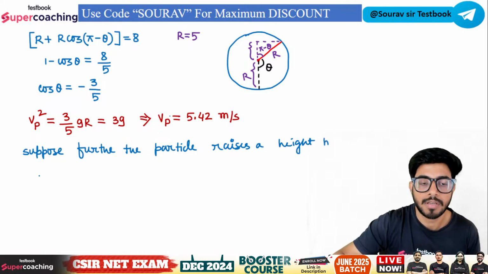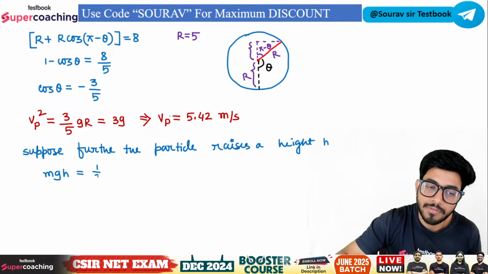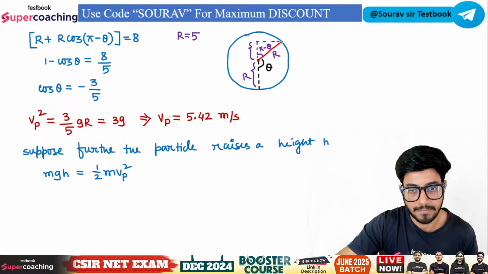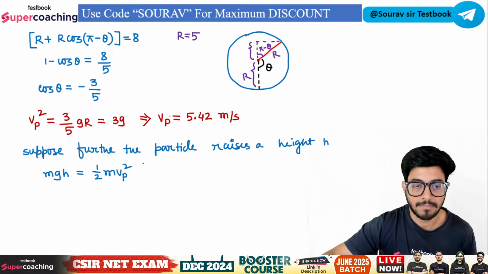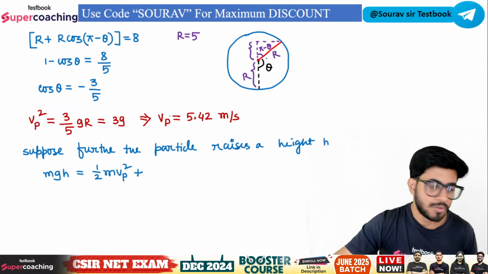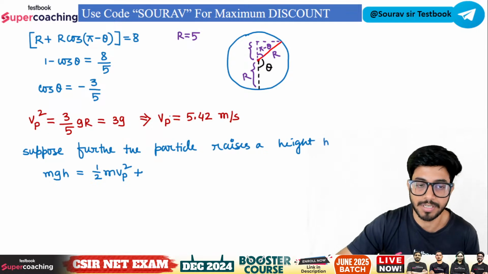h, then mgh should be equal to half mvp square plus whatever be the energy at this point, the potential energy at this point.